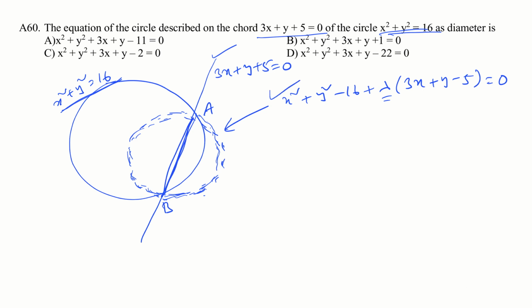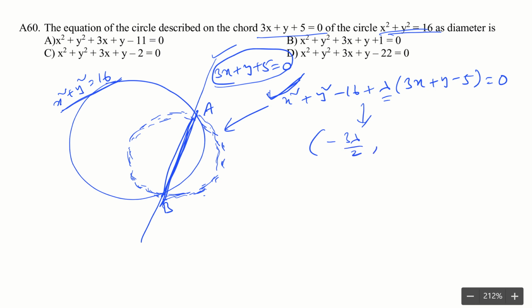That means the center of this circle lies on the line AB, means this line. Okay, using that fact we have to find the value of lambda. Let's write the center of this circle: minus of coefficient of x by 2 and minus of coefficient of y by 2. Now this center, it has to lie on this.